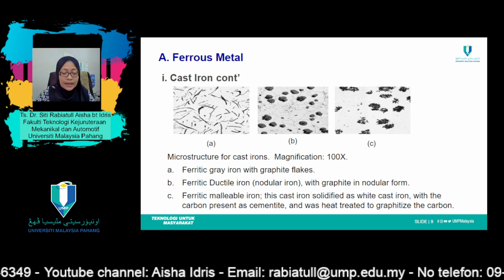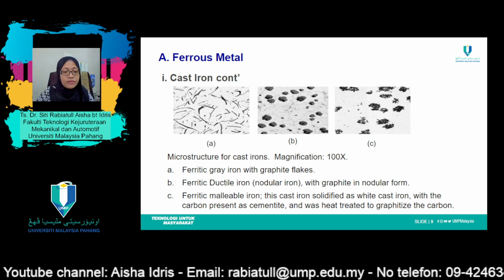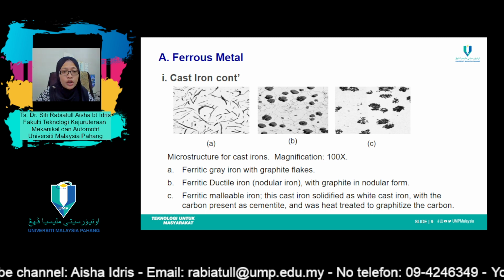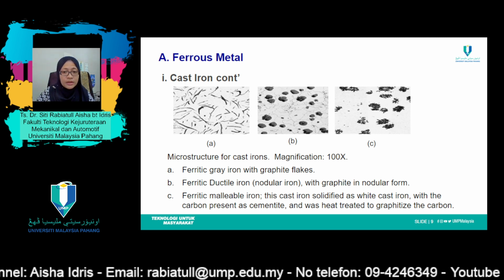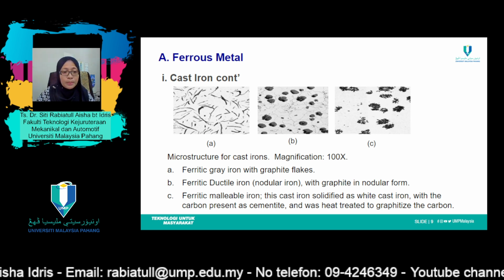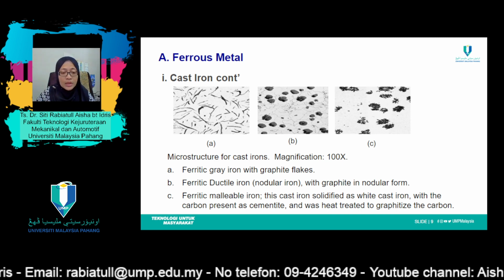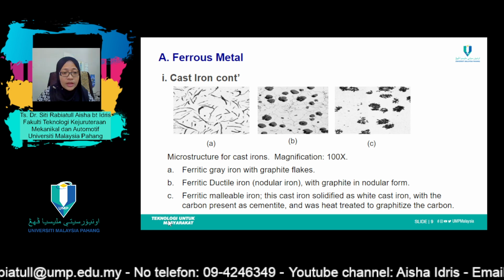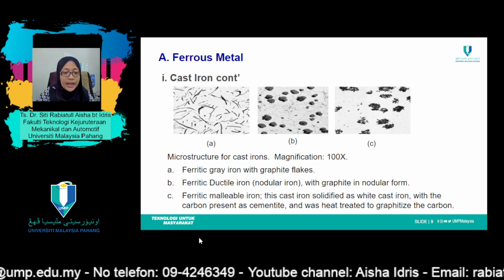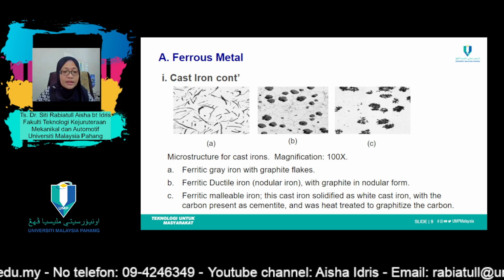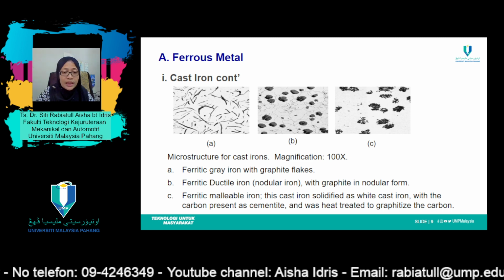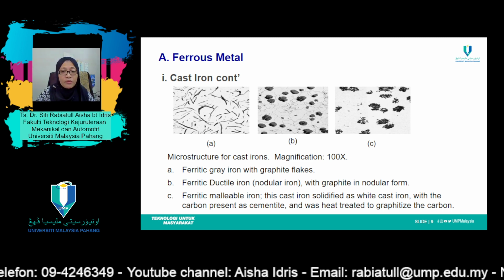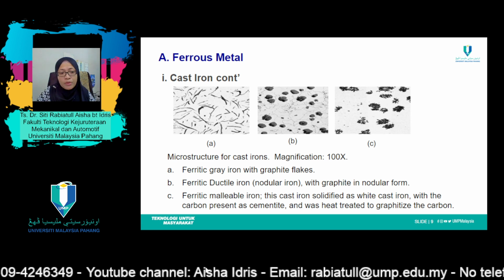For most of these cast irons, the graphite exists in the form of flakes, which are normally surrounded by an alpha ferrite or pearlite matrix. The microstructure of a typical grey iron is shown in figure A over here. Because of these graphite flakes, a fractured surface takes on a grey appearance, hence its name, grey cast iron.